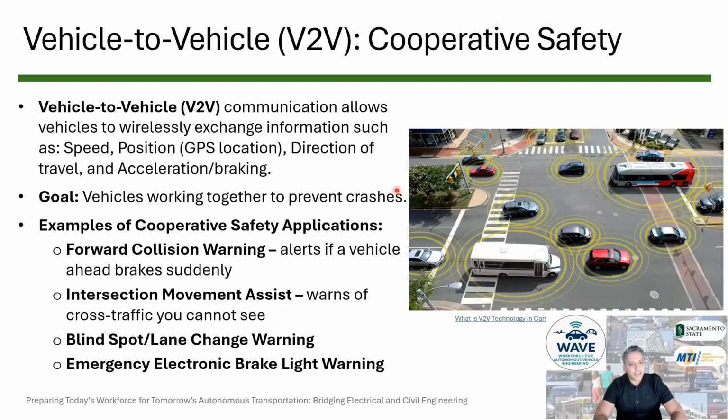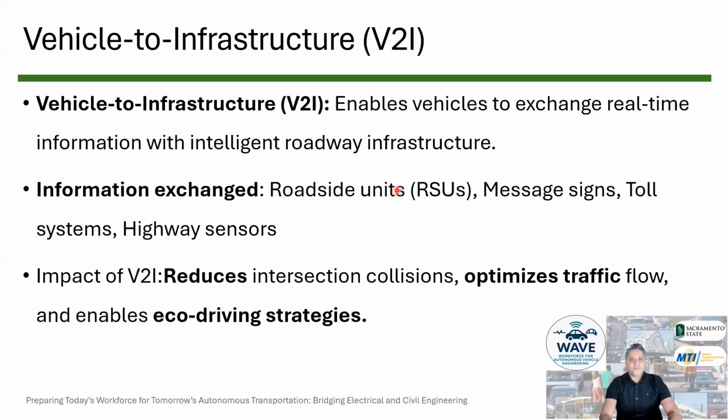Then there is intersection movement assist, which warns of cross traffic that the vehicle cannot see, and blind spot and lane change warning. So vehicles can exchange information and help each other, and there is also emergency electronic brake light warning.